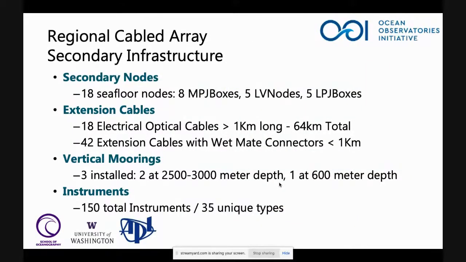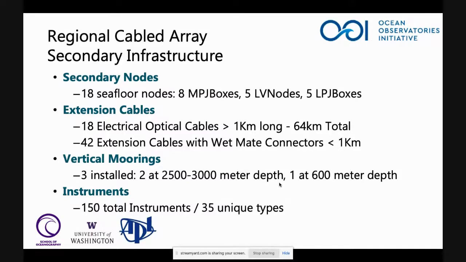Again, hanging off of the primary infrastructure is the secondary infrastructure, made up of systems that were designed and built at the University of Washington. We have what we call secondary nodes. These are 18 seafloor nodes that are connected with multiple extension cables, electro-optical and some just electrical, all ROV installed.